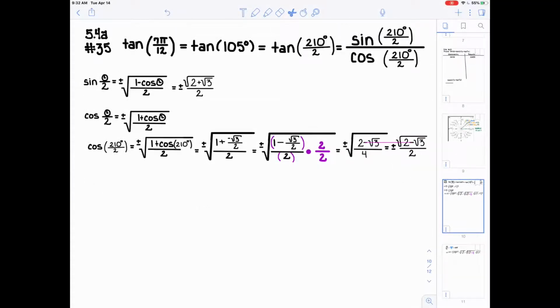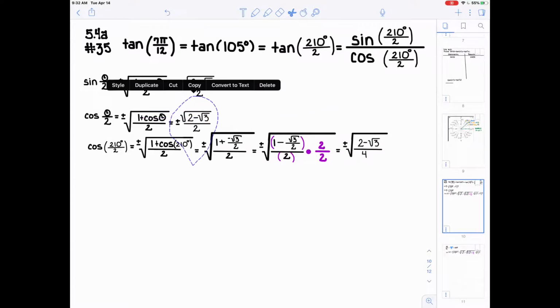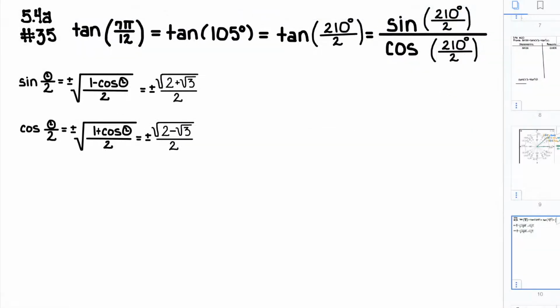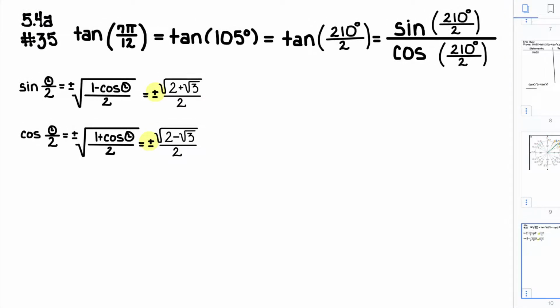Now that we have the answer to cosine of 210 degrees over 2, we have everything we need to find the answer to the tangent of 7 pi over 12. Again, we will worry about the positive or negative at the very end of the problem.